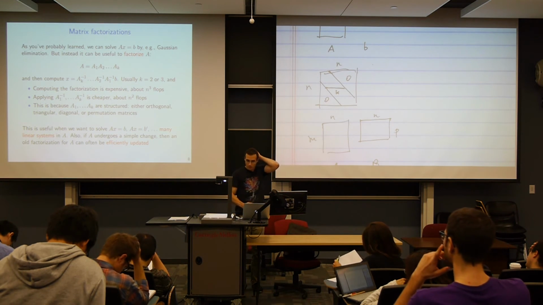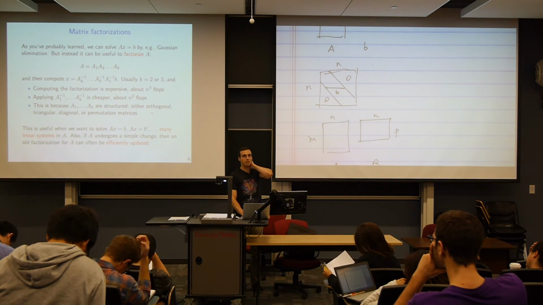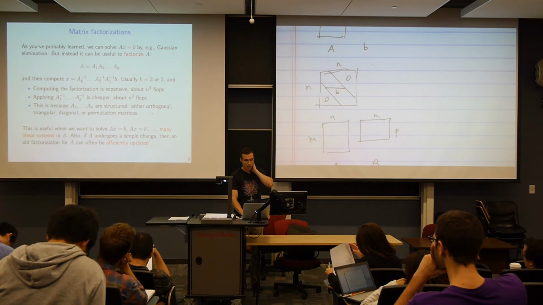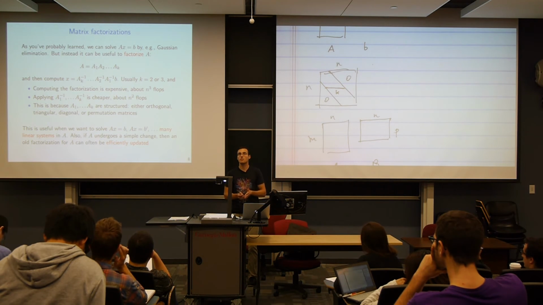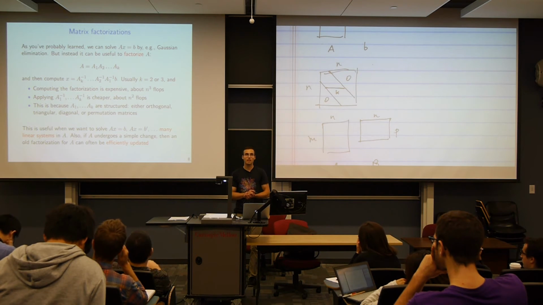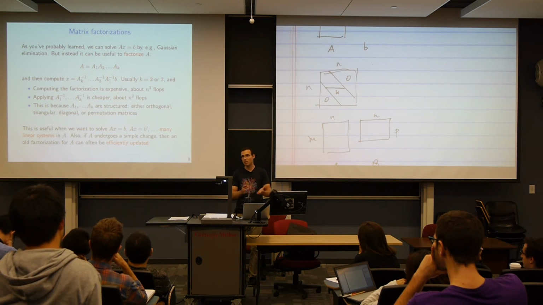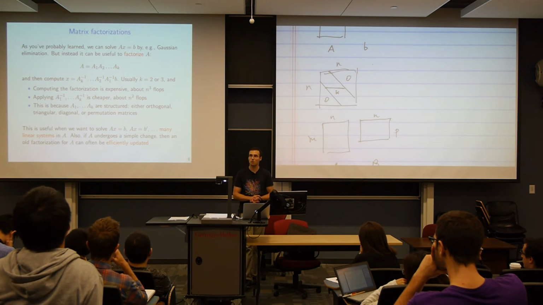It's also very useful to factorize A for settings in which we want to solve many linear systems in the same matrix A. Suppose I gave you A times x equals B, and you solved it, and I said, okay, now I want you to solve A times x equals B prime.